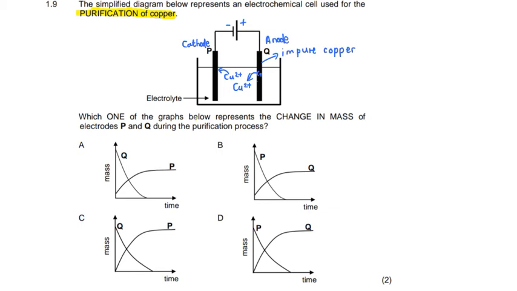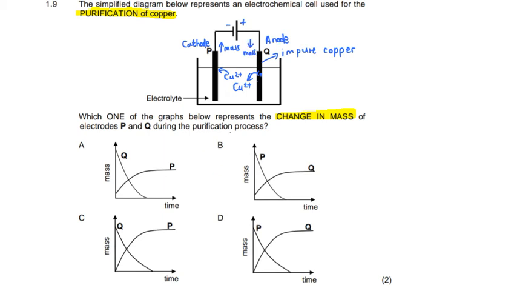What is the actual question? Which one of the graphs below represents the change in mass of the electrodes P and Q during the purification process? Based on what we just talked about, electrode P is going to increase in mass, while electrode Q is going to decrease in mass.